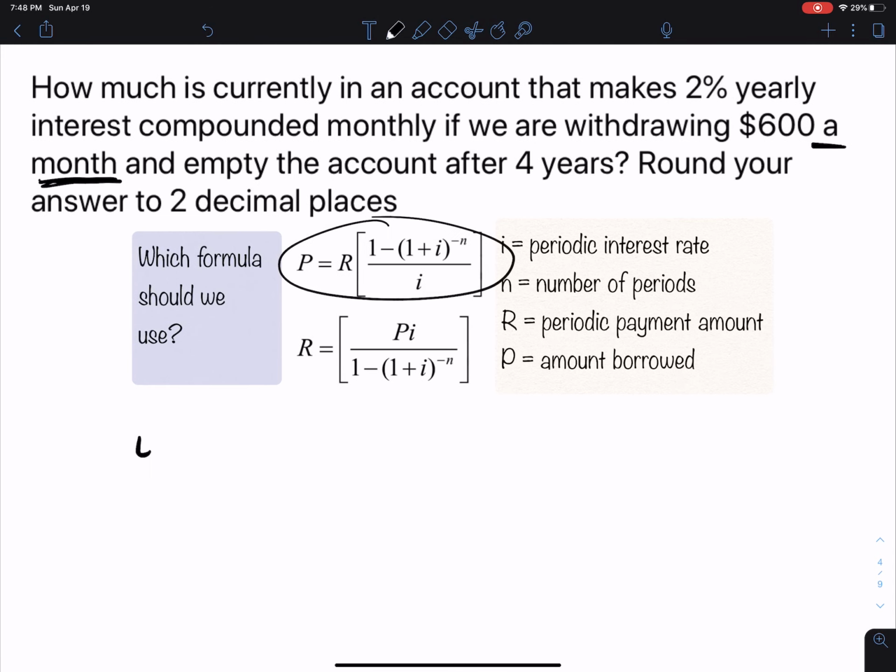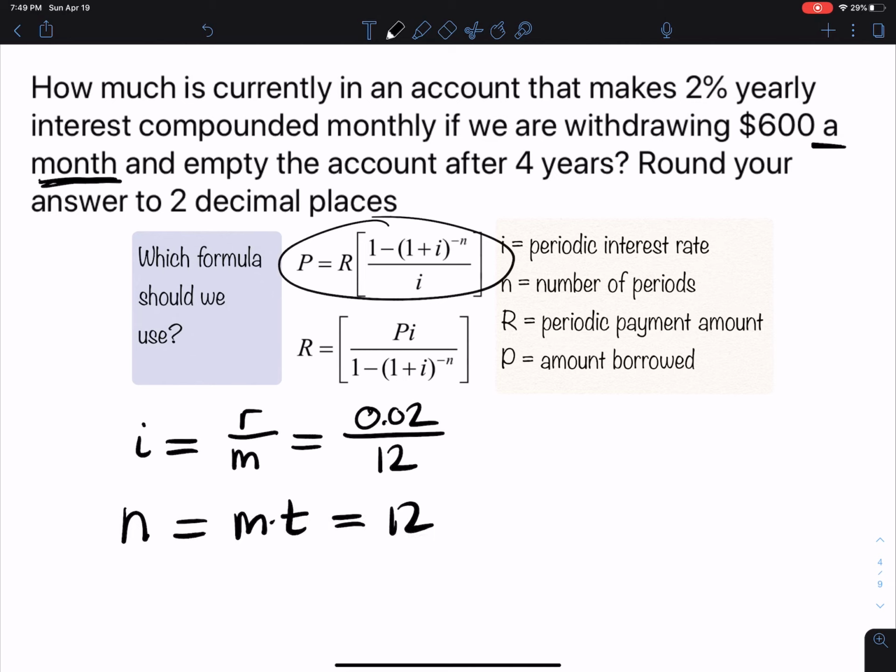First, let's be clear on I and N. I equals the periodic interest rate. So that equals the yearly interest rate divided by the compounding period. The yearly interest rate is 0.02 and it's compounding monthly, so that's 12, so that's I. Now N equals M times T, and M is 12 because it's monthly.